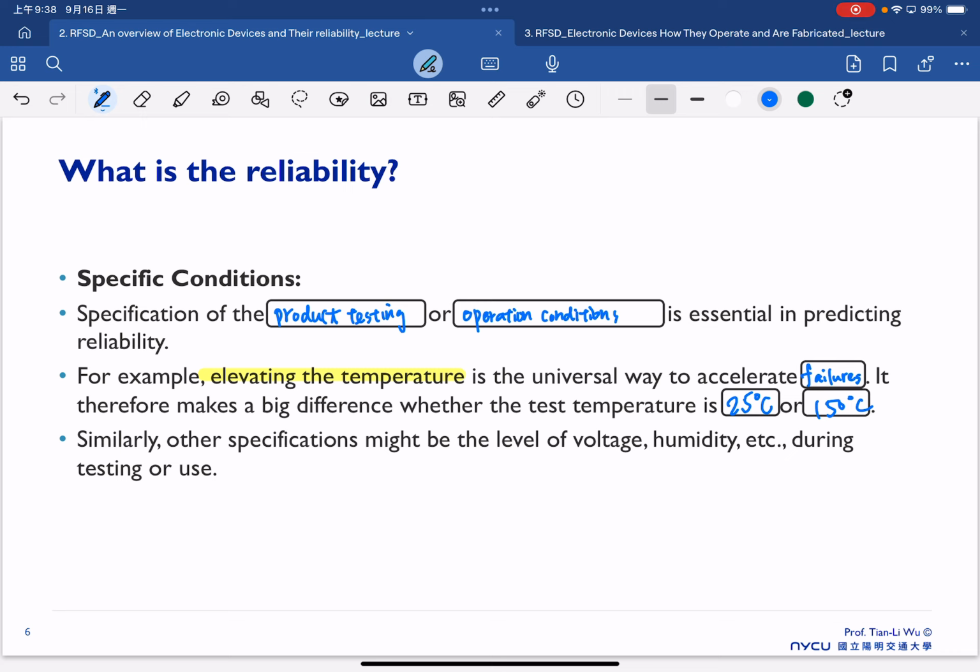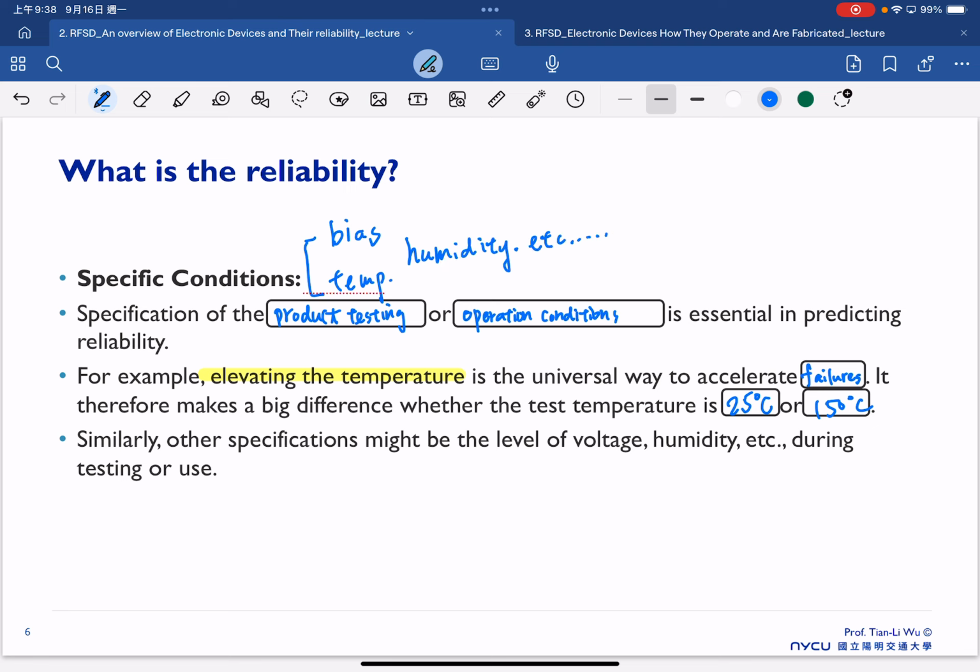It makes a huge difference between the specific conditions. Of course, not only the temperature, but we also have to clearly define the bias, and also, of course, the temperature. And sometimes beyond the bias and temperature, we also have to be very careful about other factors, for example the humidity, and so on.